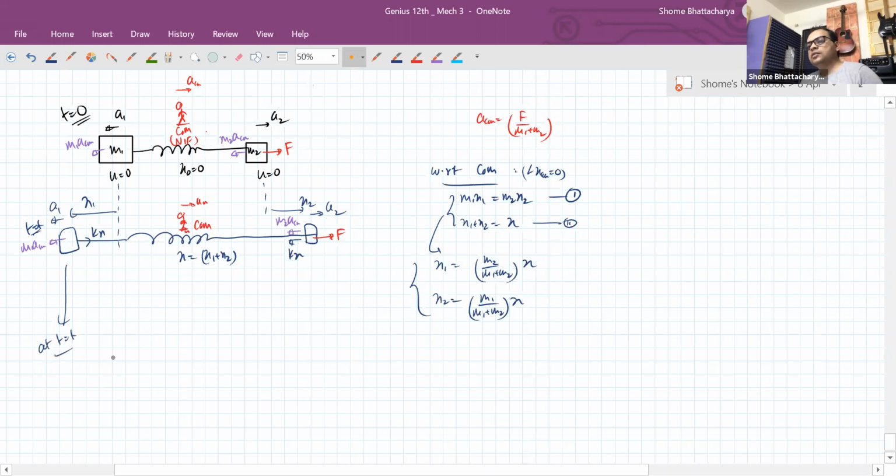Okay. m1 ACM minus kx is equal to m1 a1. Okay. So this is m1 upon m1 plus m2 f minus kx. Now from here, x can be written as m1 plus m2 upon m2 into x1.